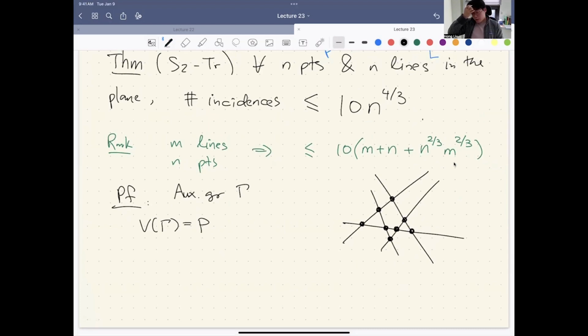What are the edges? Well, let me describe it. On each line, you look at all the points lying on this line. Then the edges are just these.